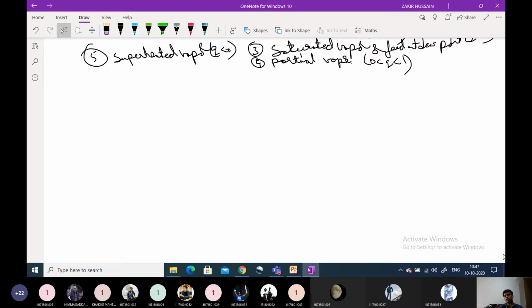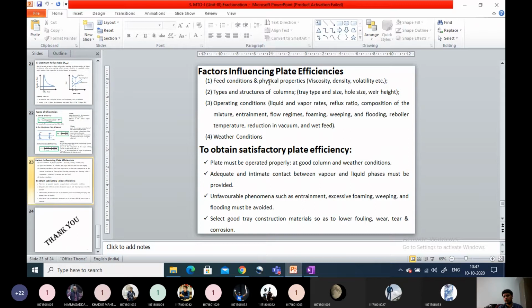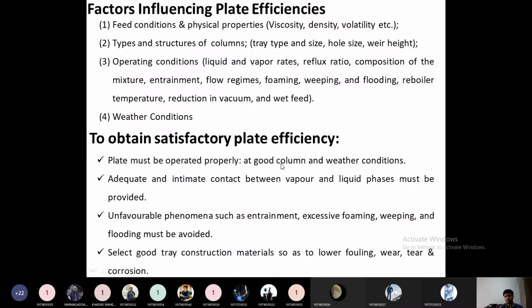Depending on the operating conditions, we can't comment whether density will be low or high. But for viscosity, we can directly say that an increase in viscosity will add a cost to pumping. Then a decrease in relative volatility will add a temperature or heat cost to the distillation. So because of this, the column efficiency will depend on feed conditions as well as physical properties.